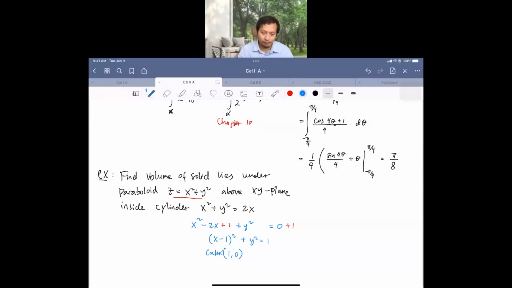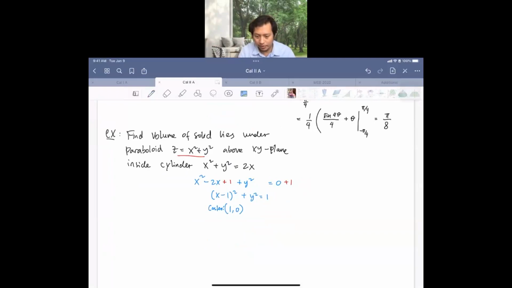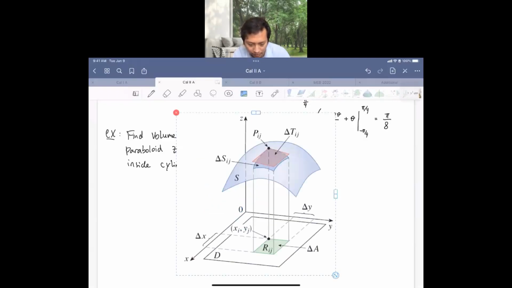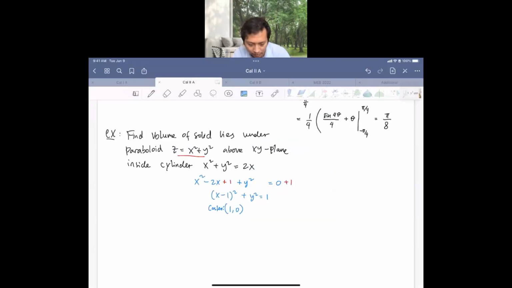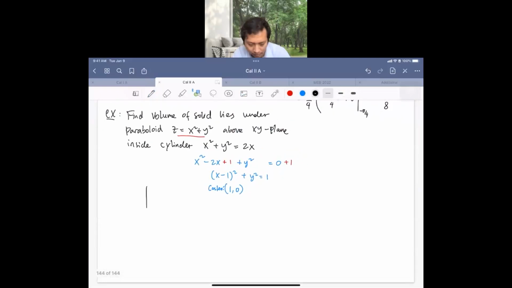I think I have a picture. Let me give you the picture to let you imagine. Do I have the picture? Oh, I don't have it. Let me just give you a quick look at how we could draw this.